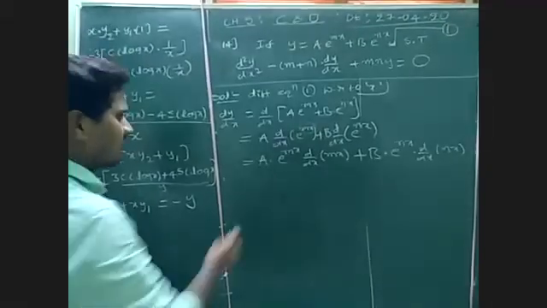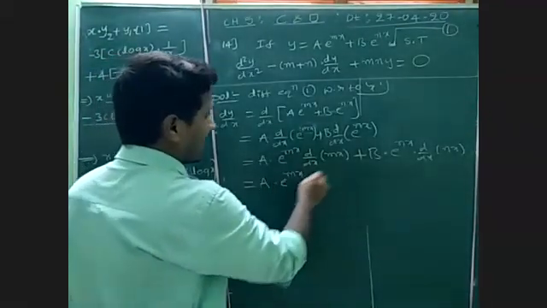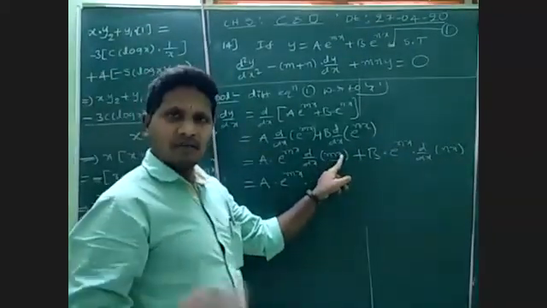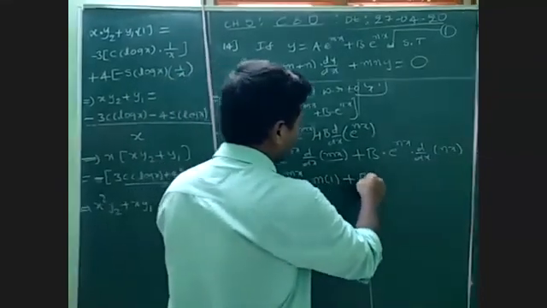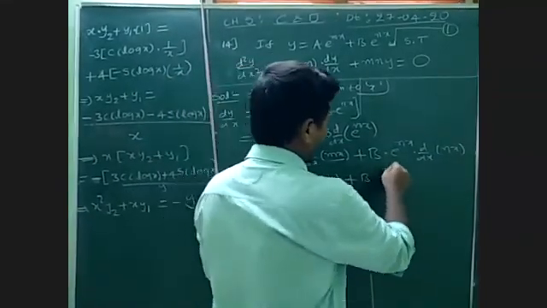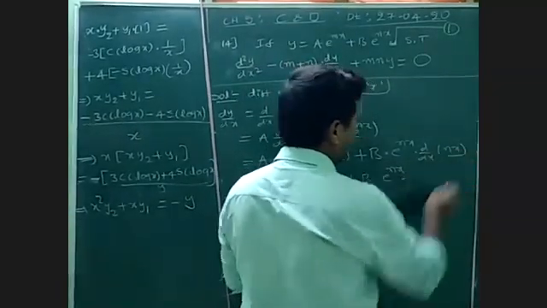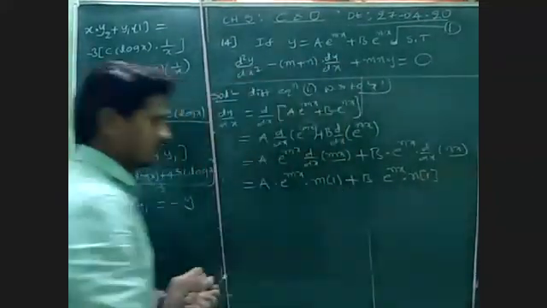Okay, derivative of mx. This is equal to a into e power mx. Mx derivative, m is a constant. The derivative of x is 1, so that it is m into 1, plus b into e power nx, into the derivative of nx. N is constant, x is 1. That's it.